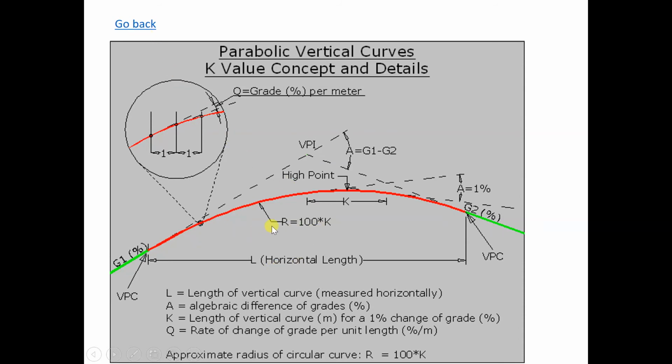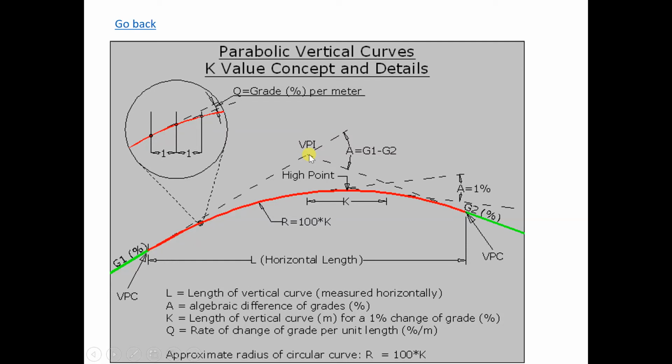Okay, so for this vertical curve, you have the horizontal line, and then you have the radius. Here we have the VPC and the VPT. Sometimes we just call them the start of the vertical curve and the end of the vertical curve, and then they have an intersection point.